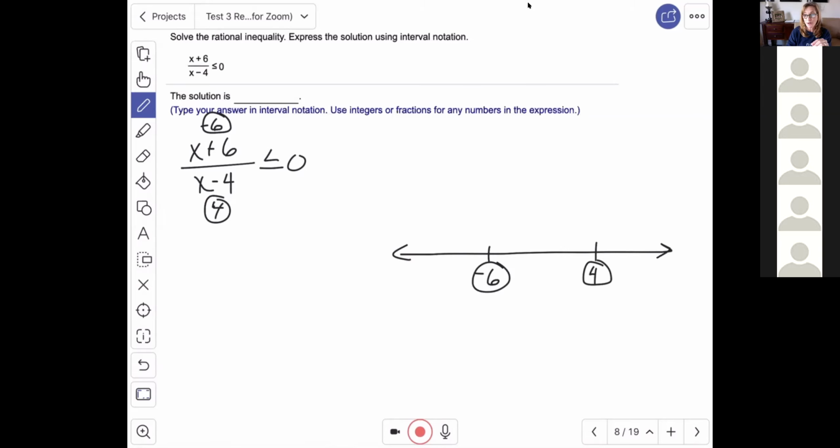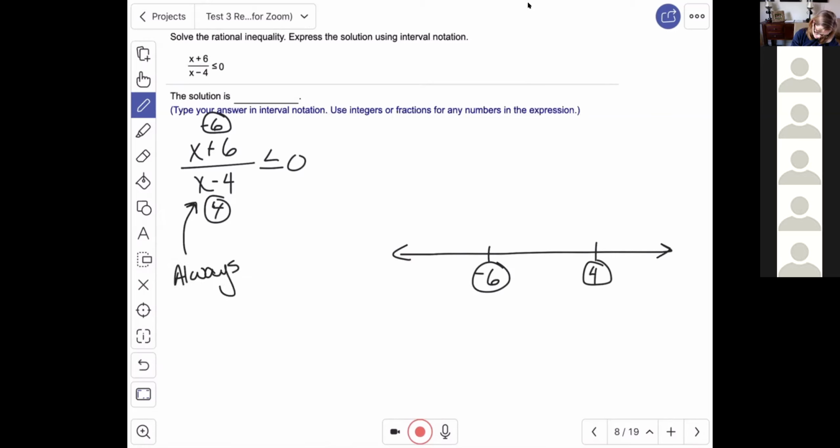Okay, this is the part that over 50% of the class usually misses, so please pay attention. And it all deals with the dotted and straight lines. The one that makes the denominator 0, the boundary point, is always dotted.